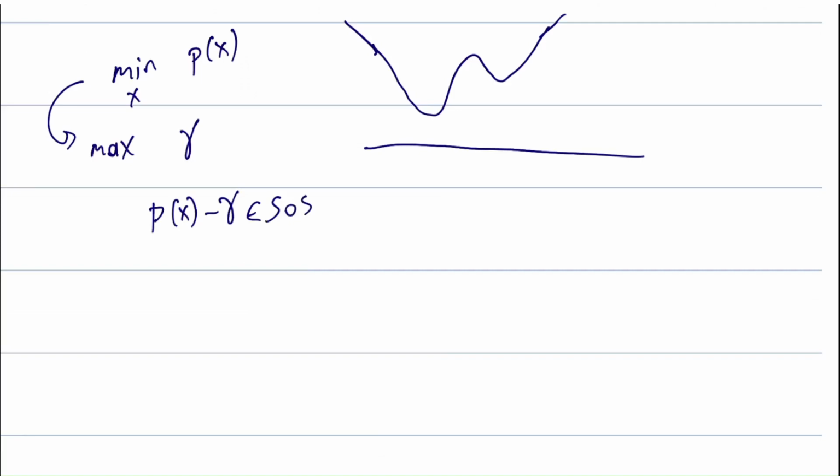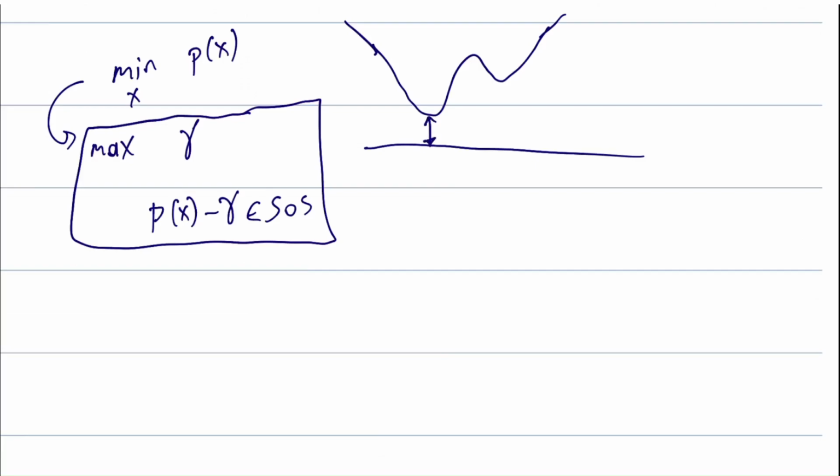At first it may look strange to you. I mean, it certainly did for me. Basically we will subtract some gamma value, and check whether the resulting polynomial is SOS.